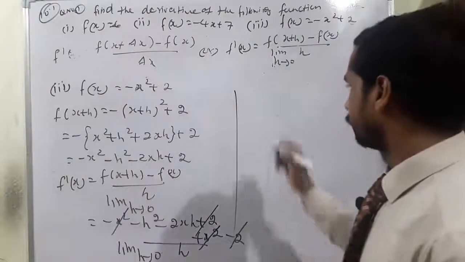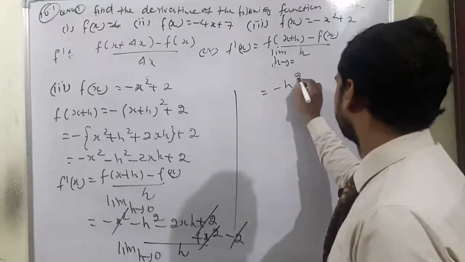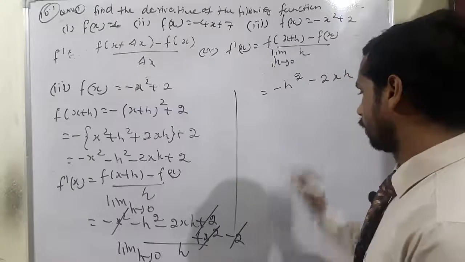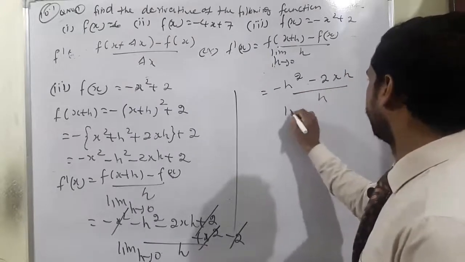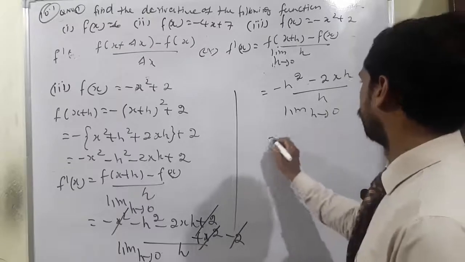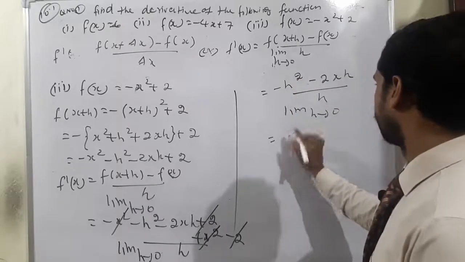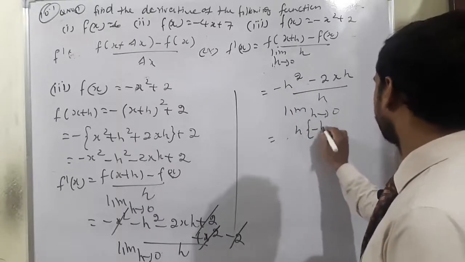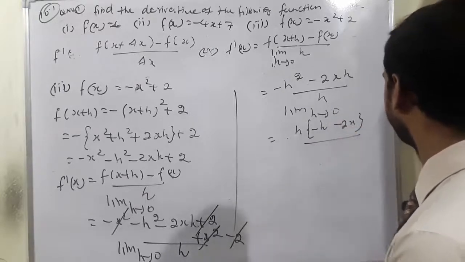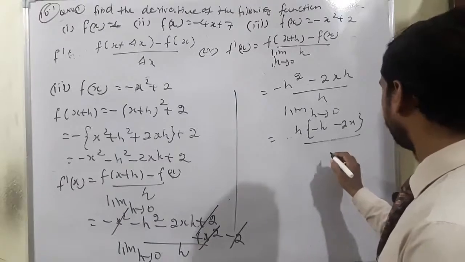Now, after the cancellation, the balance is minus h square minus 2xh divided by h, where the limit h tends to 0. In the numerator, take h common outside, so inside: minus h minus 2x, the whole term divided by h.